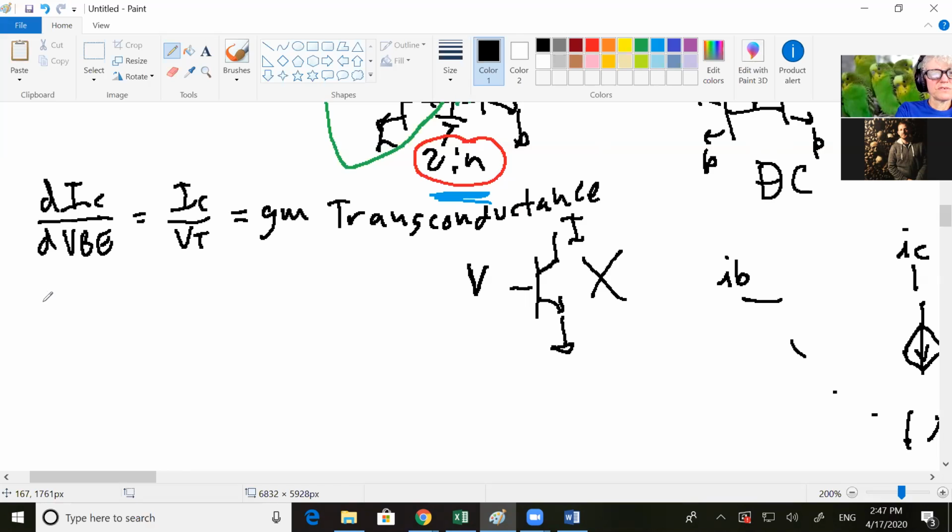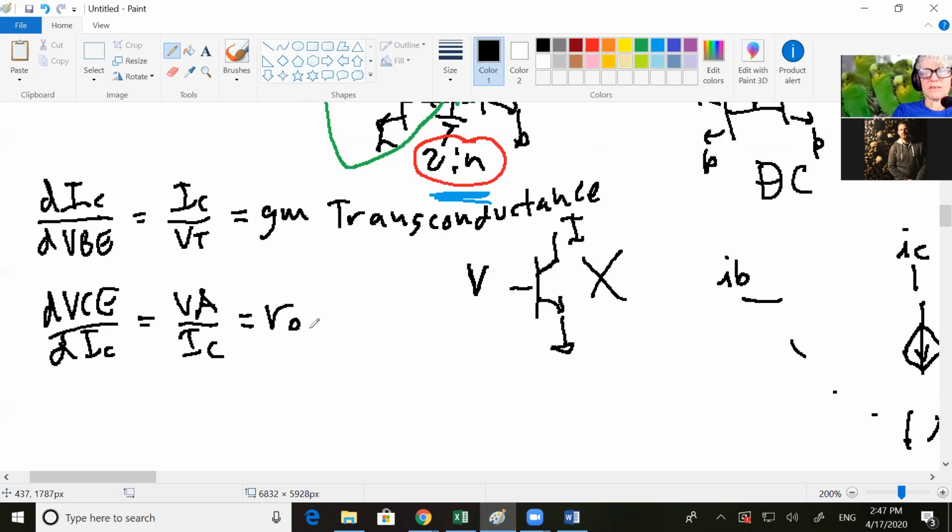Okay. You also did, we'll talk more about this, but I'm going to just come up with the equations right now. You said, okay, if I change VC, how much does IC change? And for that one, you got VA over IC. And that's used so much, that has a special name too, RO. Some people call this R out, but I don't like to call it R out because it's not really the R out of anything.